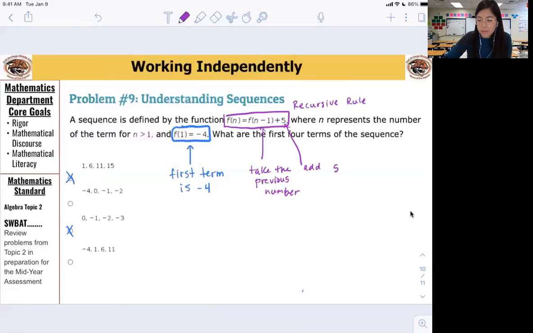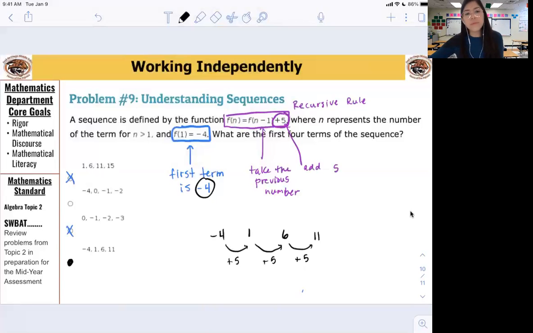That plus 5 is the recursive rule. That's telling you what to do to follow the pattern. So if the first term is -4, I'm going to add 5 to get to my next number. -4 plus 5 is 1. Then I would add 5 again to get to my next number, which would be 6. That's basically what the recursive rule tells you. It's just the pattern that you're following. So since this is the pattern, the correct answer would be answer choice D. -4, 1, 6, 11.